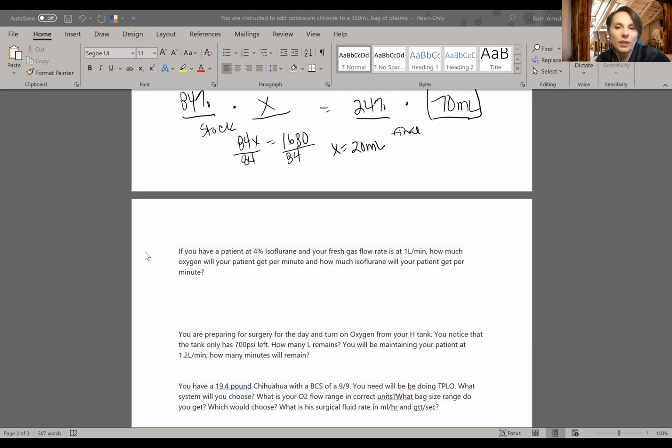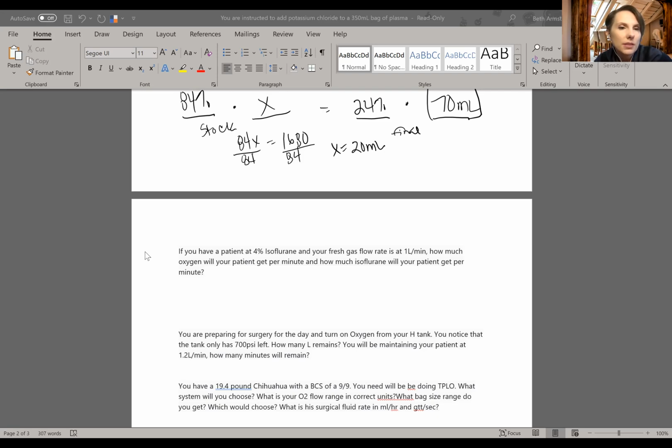Right. So the oxygen goes through the vaporizer to pick up the gas anesthetic. So if we have oxygen flowing through at 1 liter per minute, 4% of that gas going through is going to be anesthetic gas.